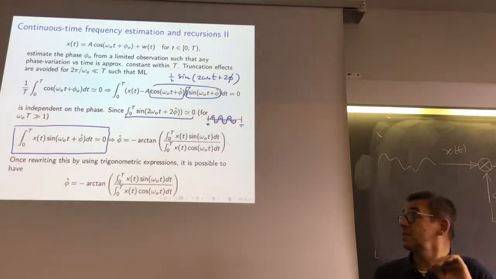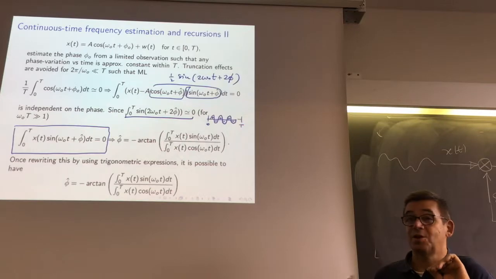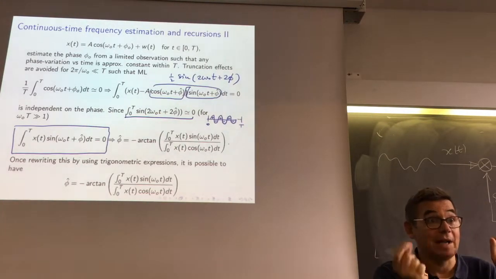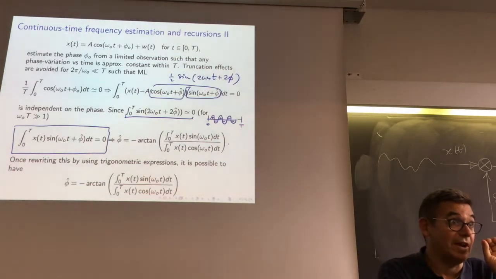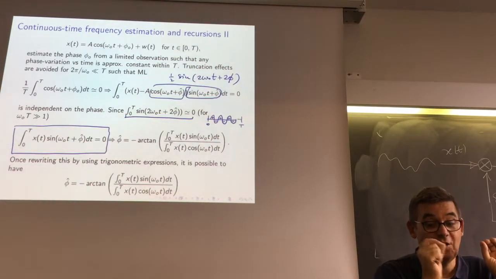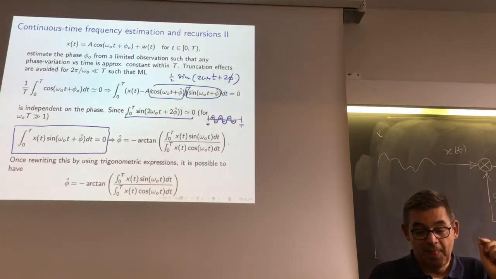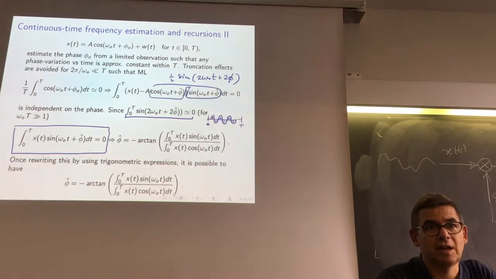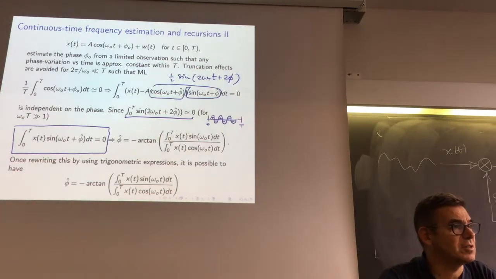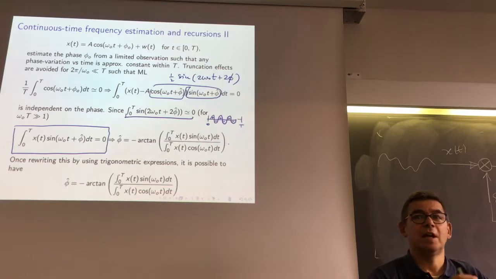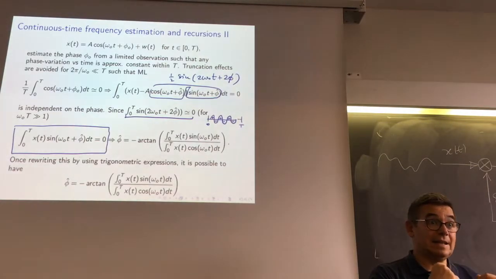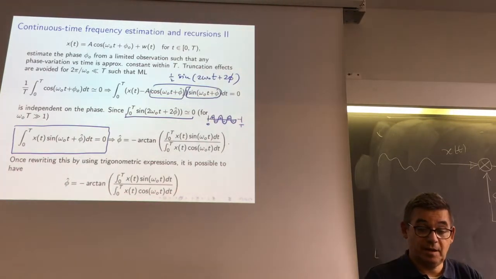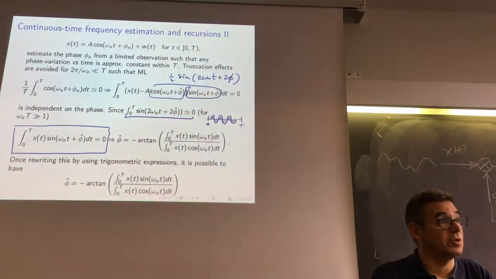In this process, I need the arc tangent to reduce the phase between minus pi and pi, not minus pi half and pi half. To do that, you need atan2, I don't know exactly what it's called in MATLAB, a function which gives you back the phase reduced between minus pi and pi. There is a remark in the book, so you can check.